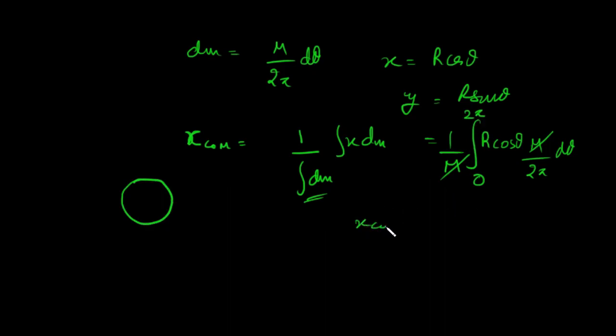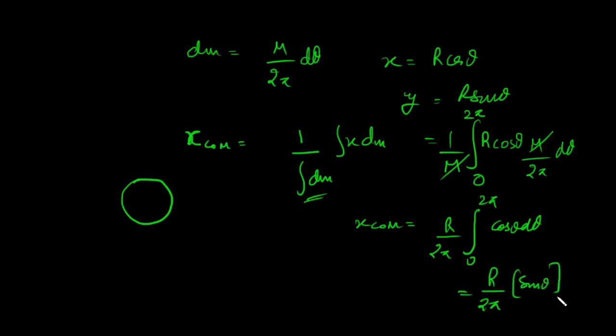So we have xcom to be integration r divided by 2 pi cos theta d theta. It will go from 0 to 2 pi, and the integral of cos theta d theta is, since the differential of sine is positive, hence the integral of cos shall be positive sine. So we have sine theta and it goes from 0 to 2 pi. Sine 2 pi is 0, sine 0 is 0, so this is 0. So xcom is 0. Alright. This comes out to be 0.